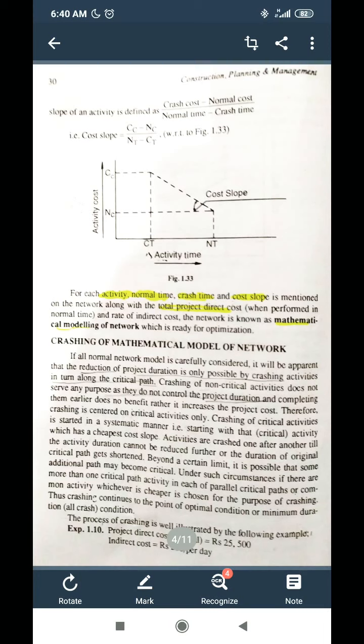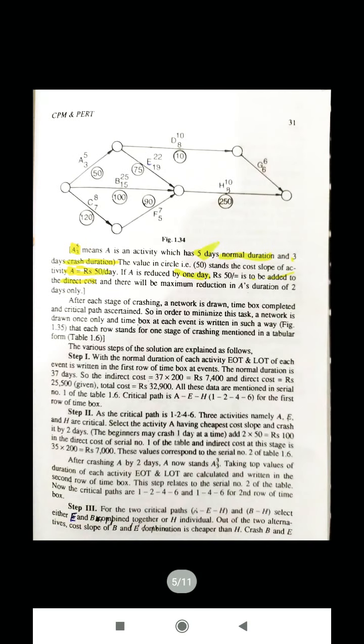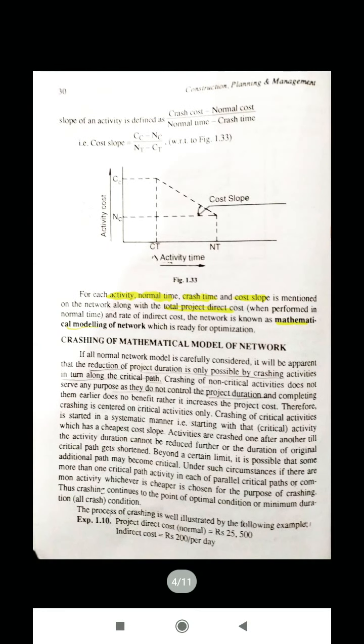We will take up an example to solve this problem. The critical activities are those activities which govern the total project duration. So first of all, considering the normal time of the project, we'll find out the total project duration. Then we'll see which are the critical activities for that project. And when we find out the critical activities, we'll take up those critical activities and reduce their duration one at a time.